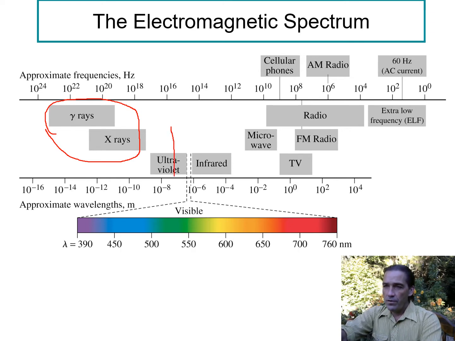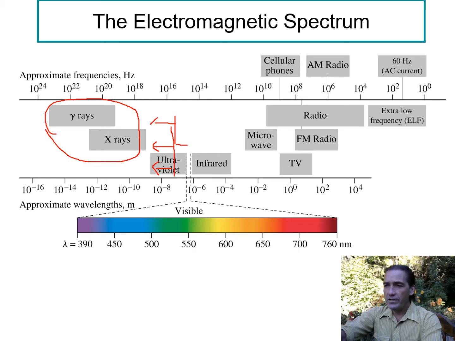Also, in terms of the far ultraviolet, that is being absorbed by the ozone layer. So wavelengths below, say about 350 or so, don't quite make it to the Earth's surface.